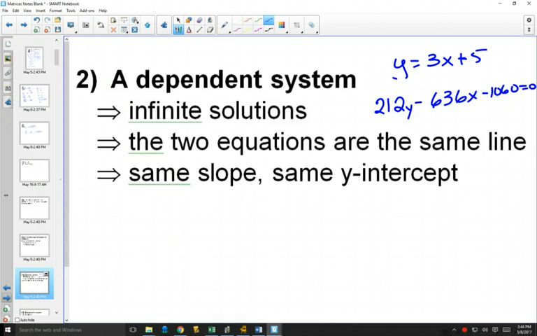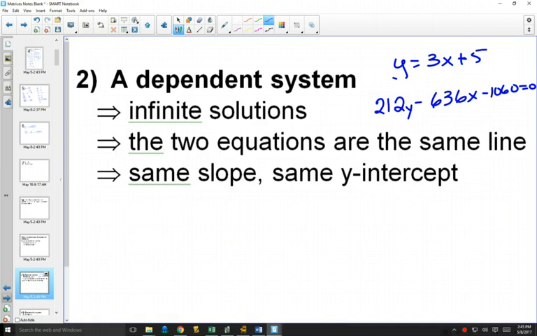I just multiplied everything by 212. Why 212? I have no idea. I think it's because I first chose a number that was even worse. And for whatever reason, 212 came to my mind next. But I wanted to choose something where the numbers were big enough that you wouldn't right away recognize, oh, 1060, that's 5 times 212. And so those equations don't look the same, even though they are.